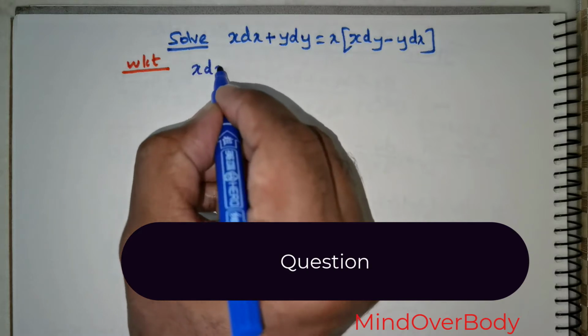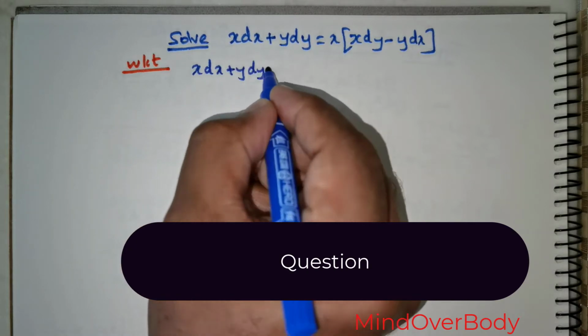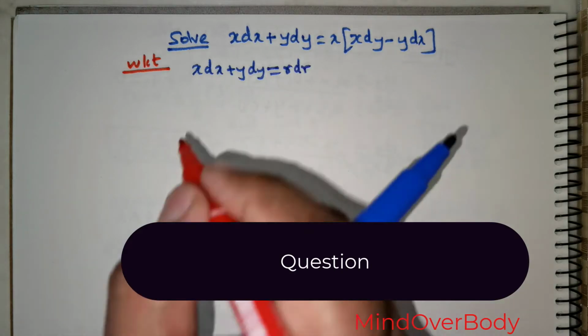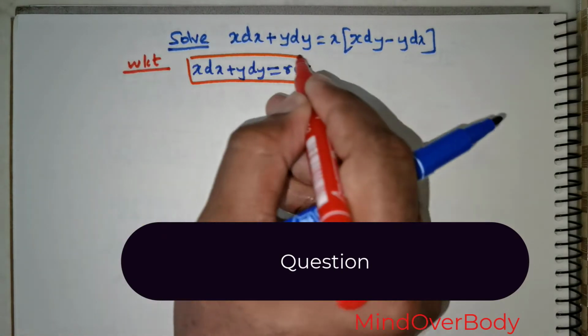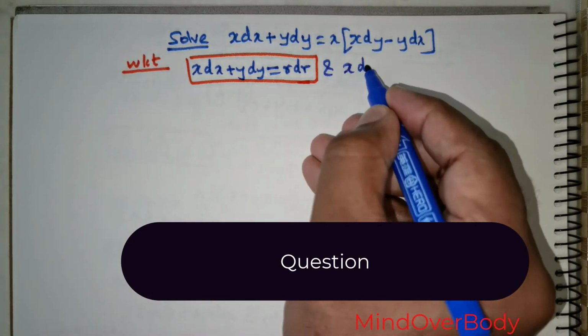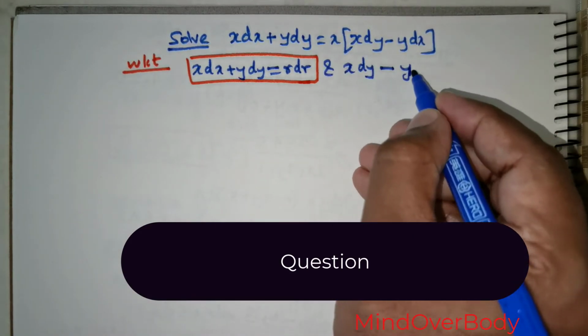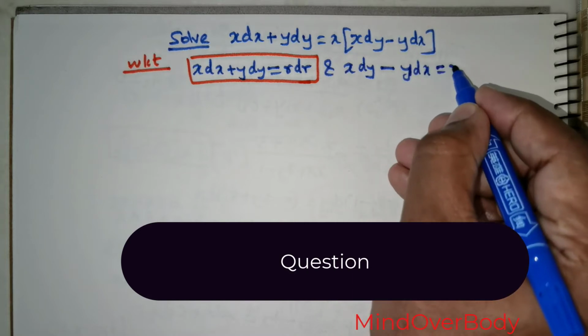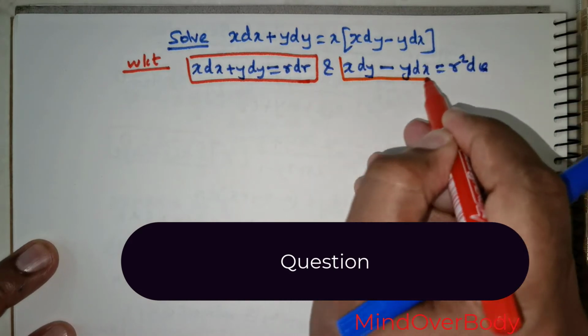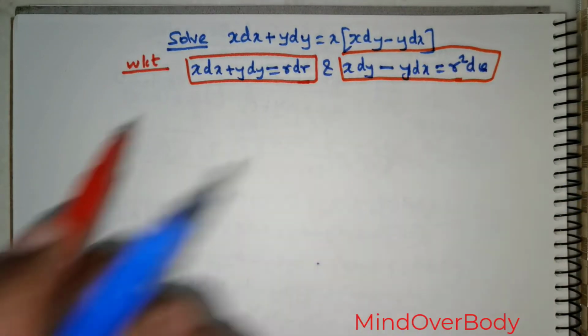We know that x times dx plus y times dy is equal to r times dr. This is one result which we just obtained. And the next result, x times dy minus y times dx is equal to r squared times d theta. So this is the next result we have obtained.